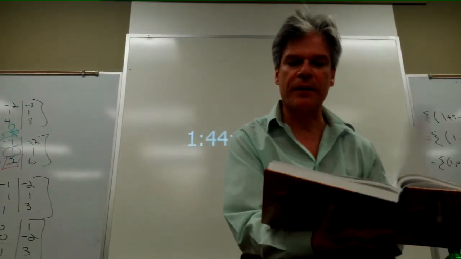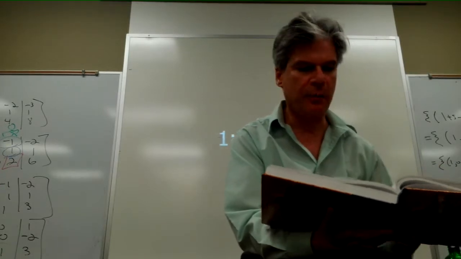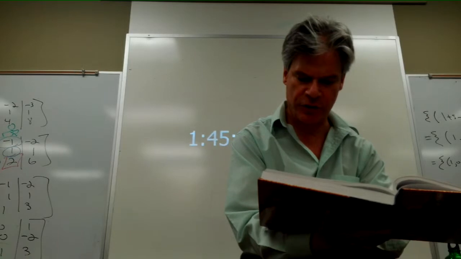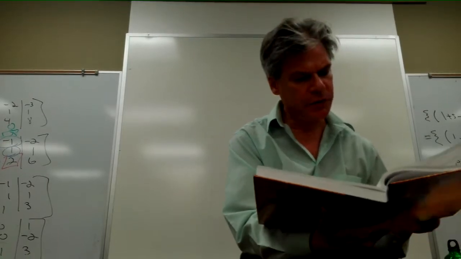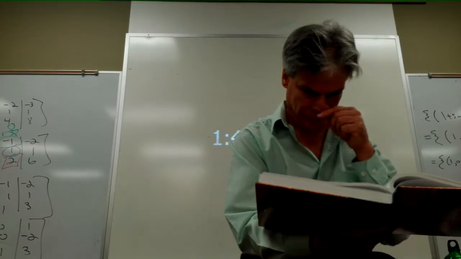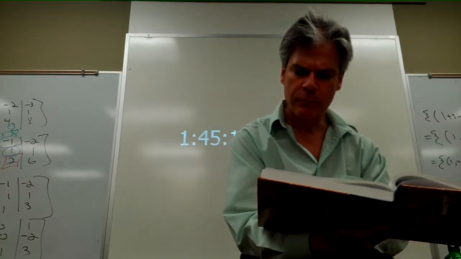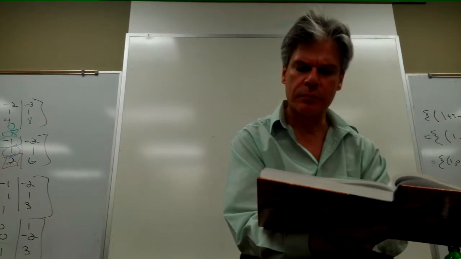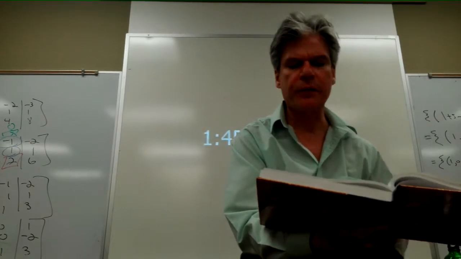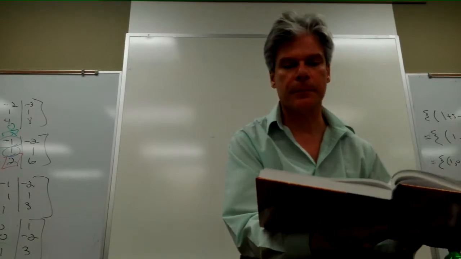So, to augment last night's homework that went through 2.2, in 2.3, I want you to consider, not much, just 1 through 17 odd. There's just not a lot in there.